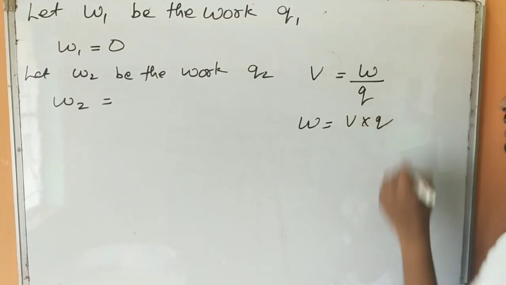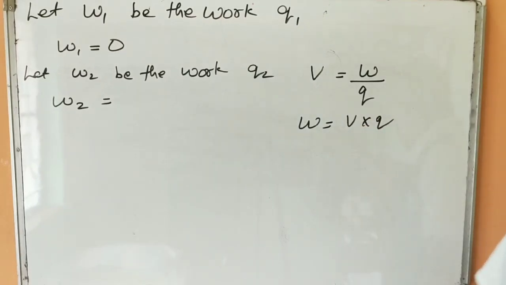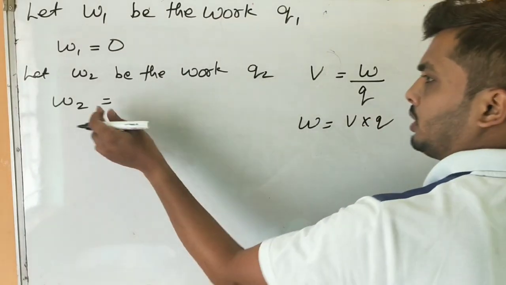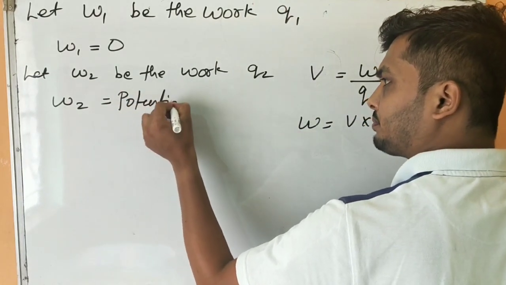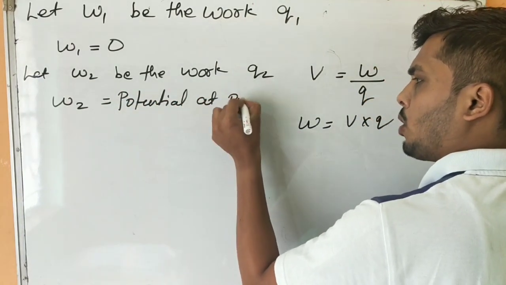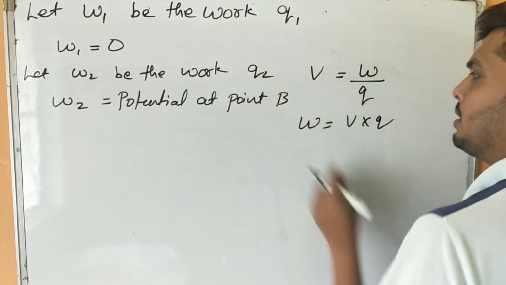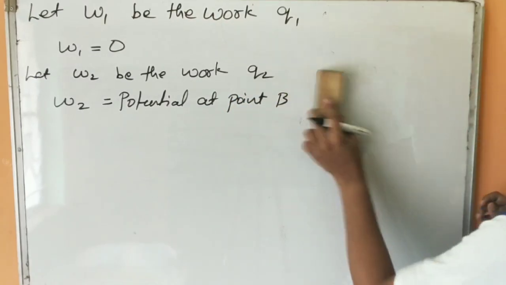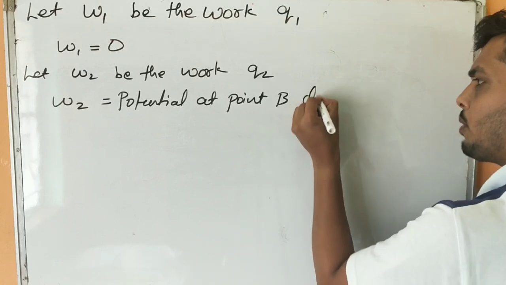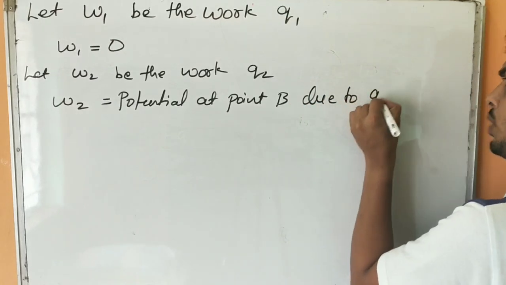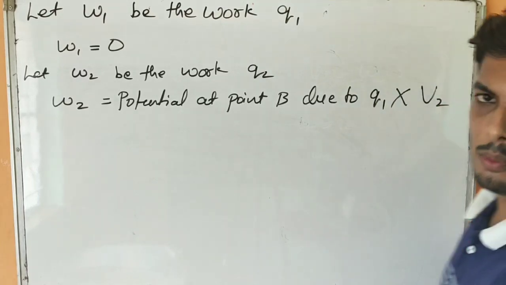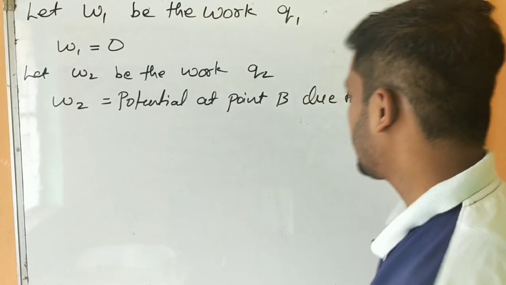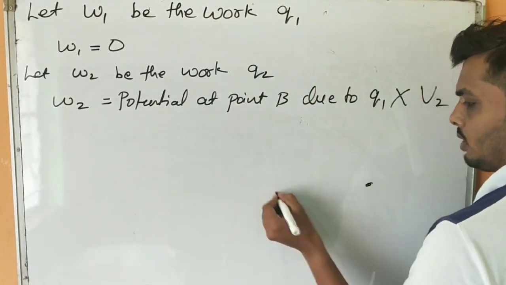Potential into charge, right? Yes or no, students? Right. So what is work done here? Potential at point B. This potential at point B is due to Q1 into the charge, which is the charged particle Q2. Yes or no, students? See here, again try to imagine A.